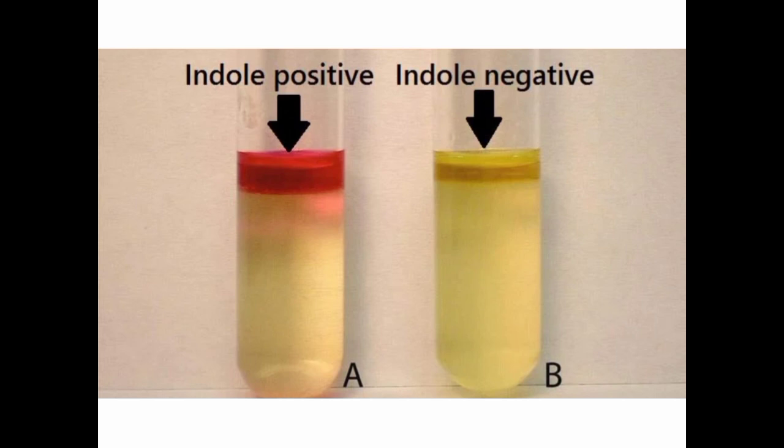This is the diagrammatic overview of the indole test. When indole is positive, a cherry red color appears on top of the broth, while when indole is negative there is no color on top of the broth.